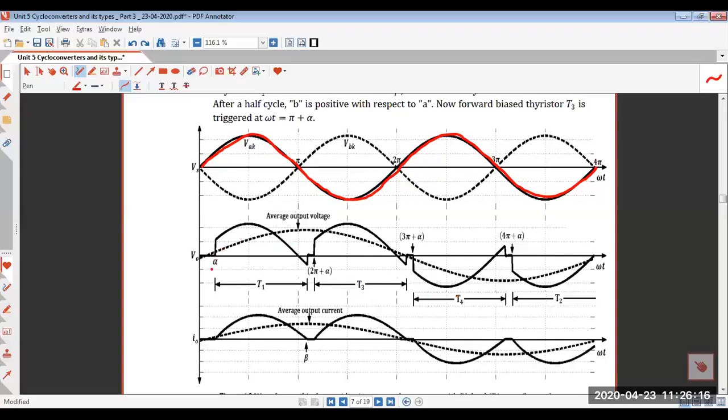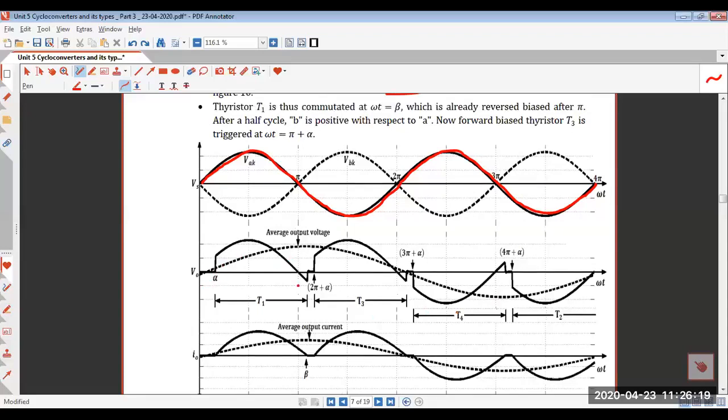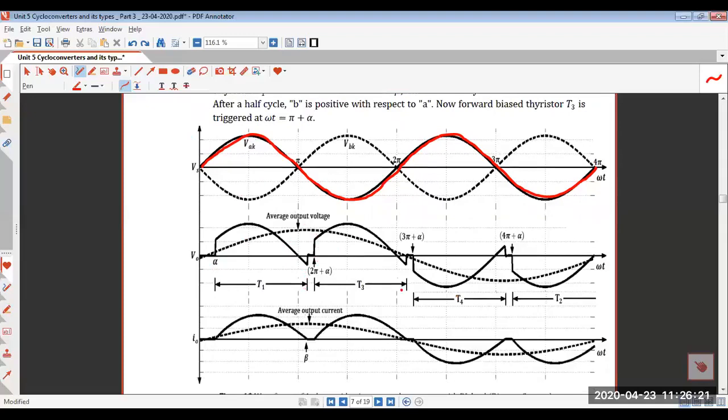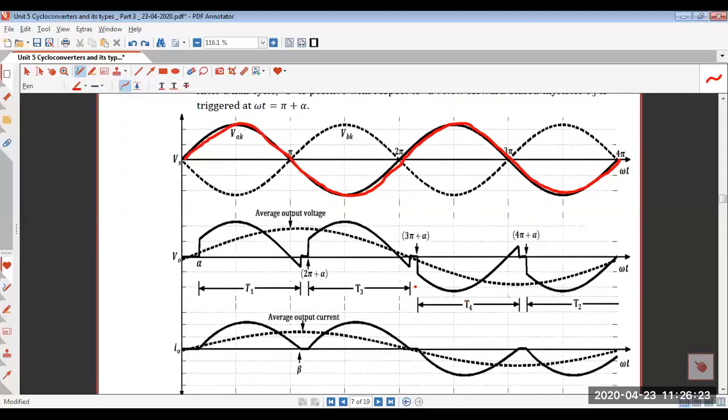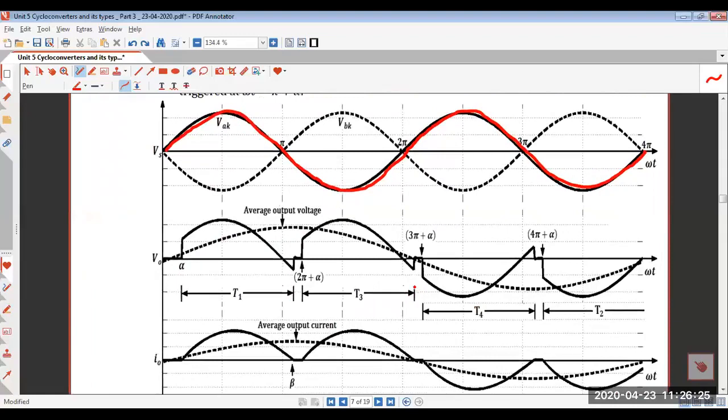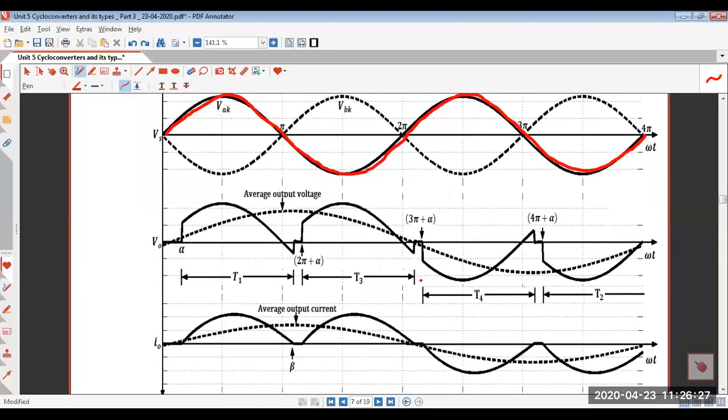Now you can see from this waveform V0, you have triggered the SCR T1.